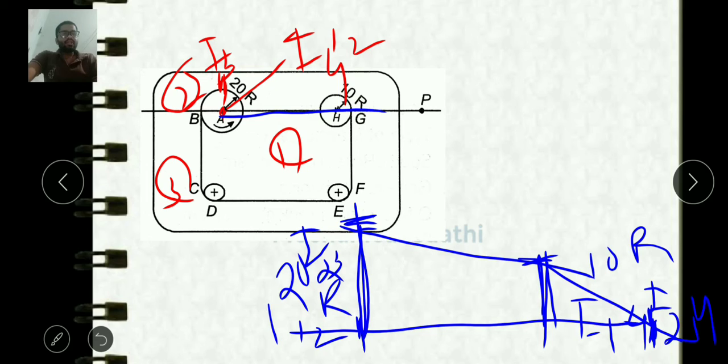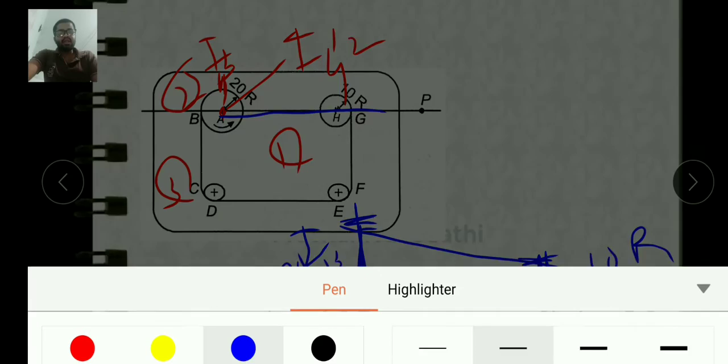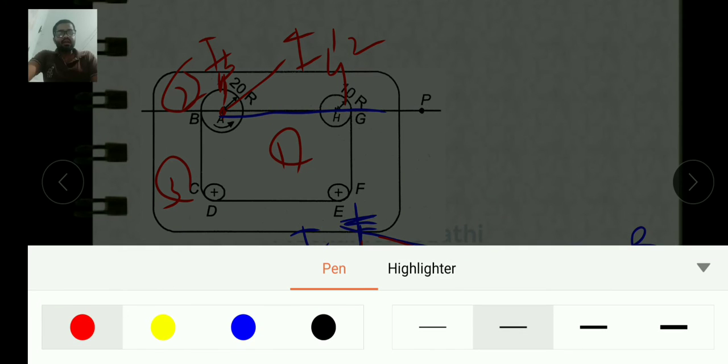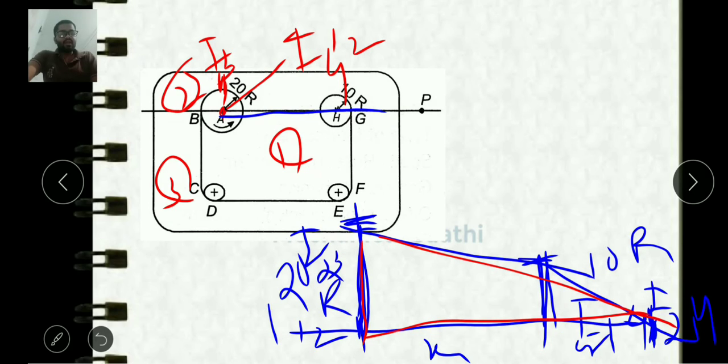Here, let this be x and this be y. If we use the similarity between these two triangles, let me use another marker over here. So this is one triangle, and this will be another triangle.